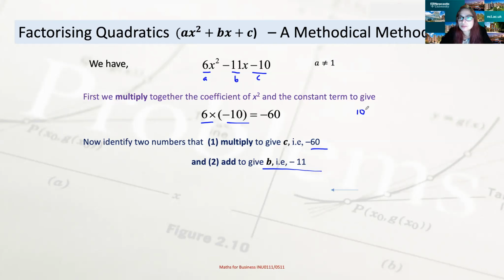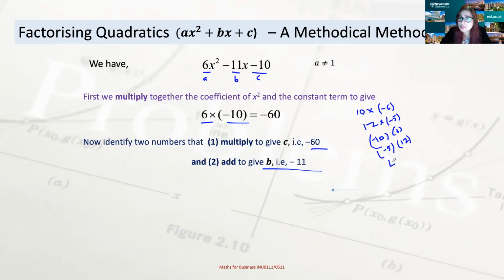So I'm going to do 10 times, I need to get minus 60, so minus 6. And what else can I do? 12 times minus 5. Or the other combination is also correct. So I have minus 10, 6, and minus 5, 12.